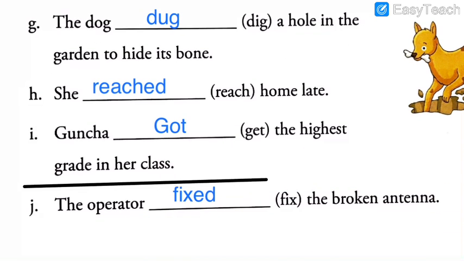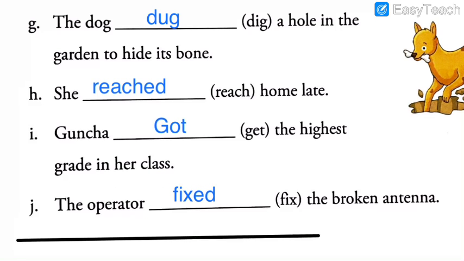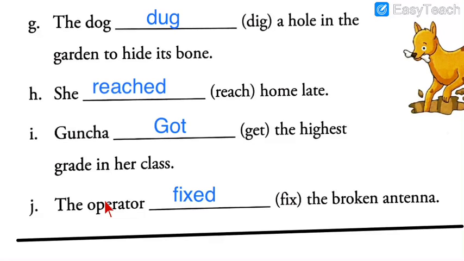Sentence I. Gunja got the highest grade in her class. And the last statement, the operator fixed the broken antenna. Yes, it is antenna. So, read it accordingly.